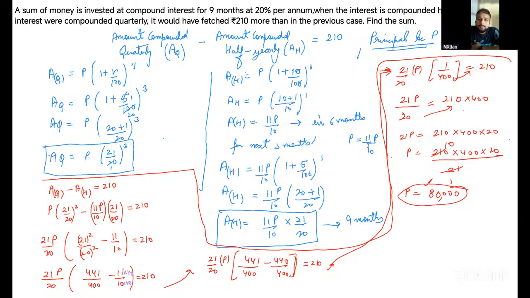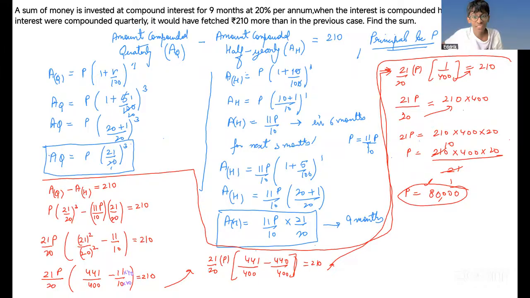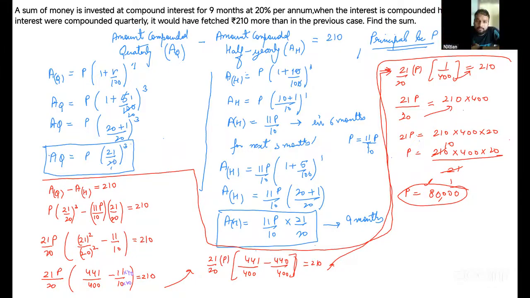Shall I read this? Yes, sir. You understood this? No, I understood. I'm still writing. Okay, quickly write it down, then I have to explain one topic and you have to complete this chapter by today. And it is a very easy topic basically. It's based on compound interest only.